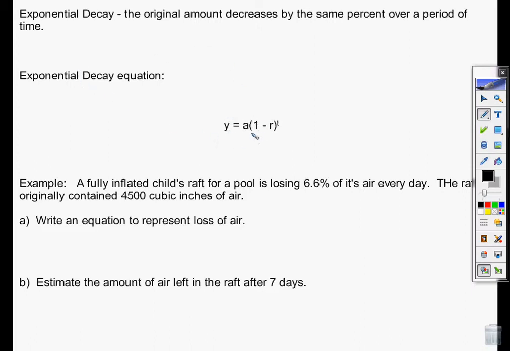So the equation for exponential decay is basically the same as for exponential growth. y is the final amount, a is the initial amount, r is the rate of decay, or actually still rate of change. That's what we called it before, so we'll call it rate of change still.